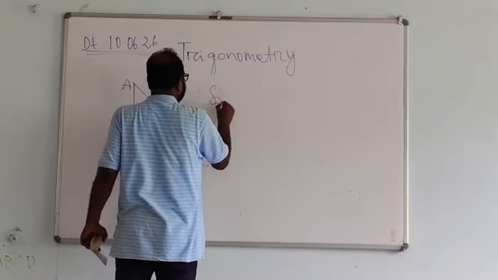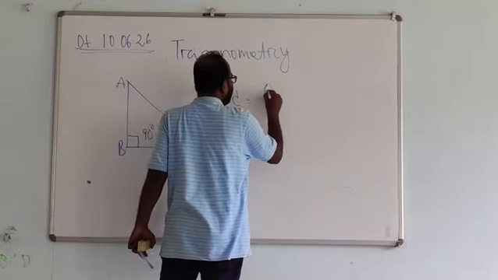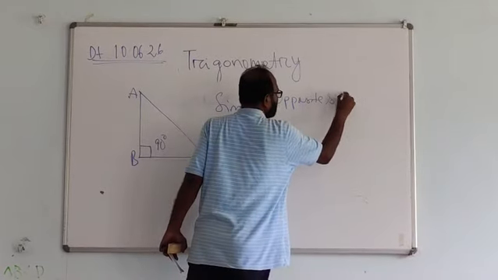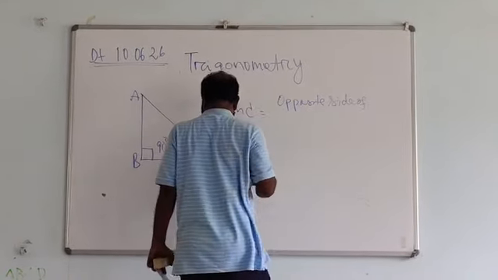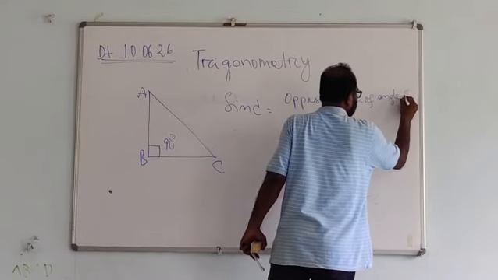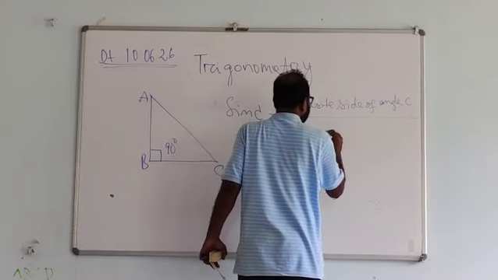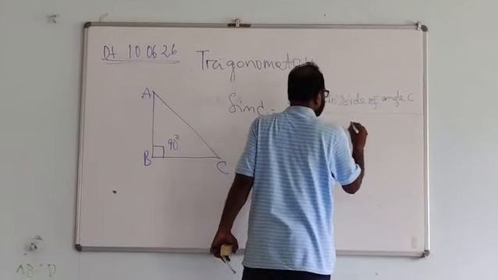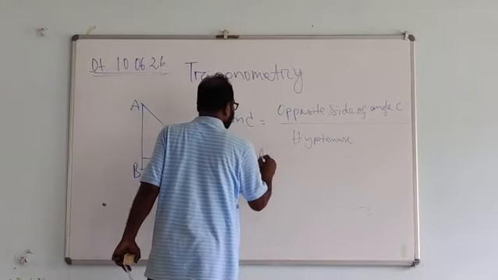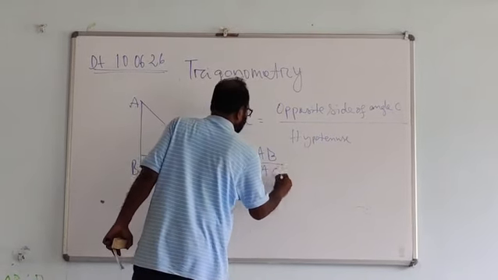Sin C is equal to the opposite side of angle C by hypotenuse. Opposite side means AB by AC.